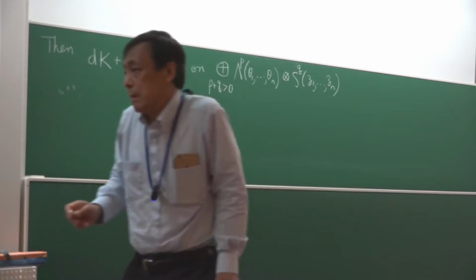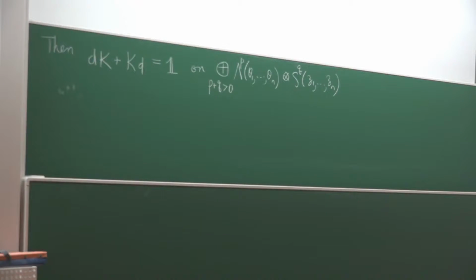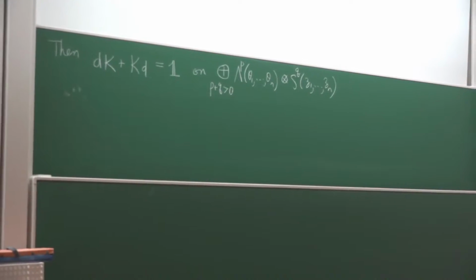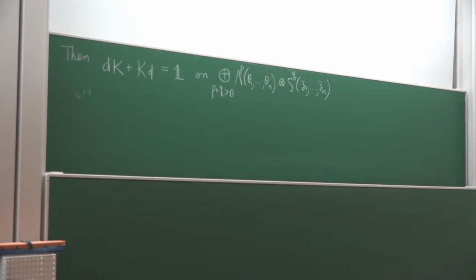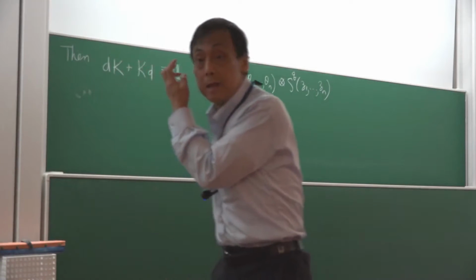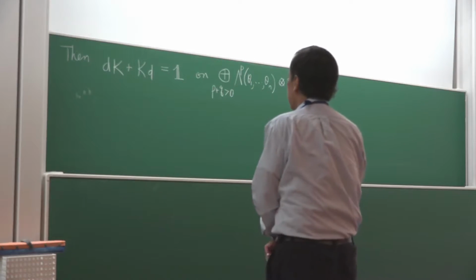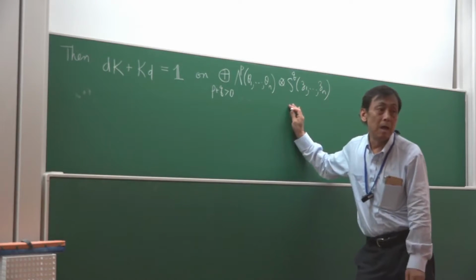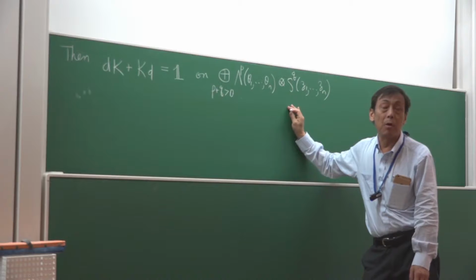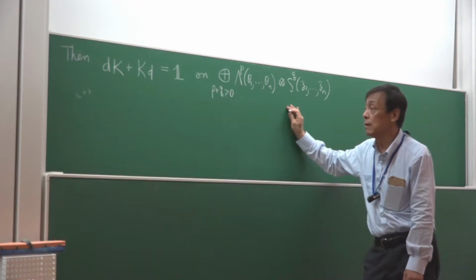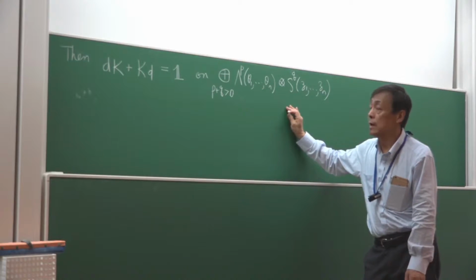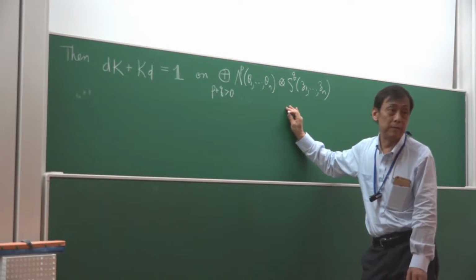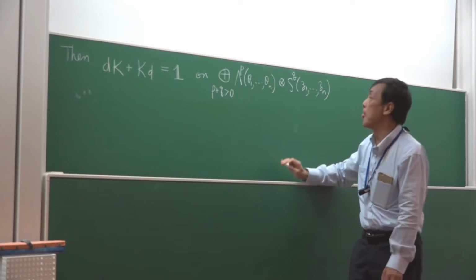Okay? So you can divide only if p, q is not 0, 0. So this is the part of the Weil algebra with degree greater than 0.